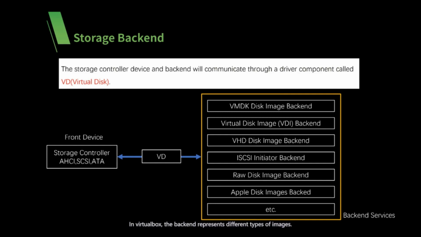In VirtualBox, the backend represents different types of images, because the format of each image is different, so different backends are needed to read and write. There are many kinds of storage backends, such as VMDK, VDI, RAW, and so on.